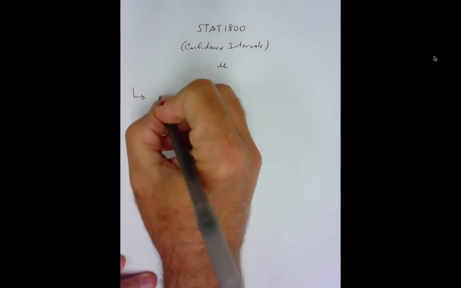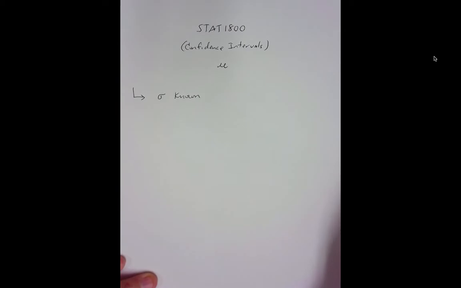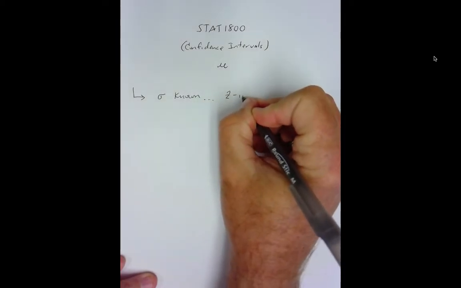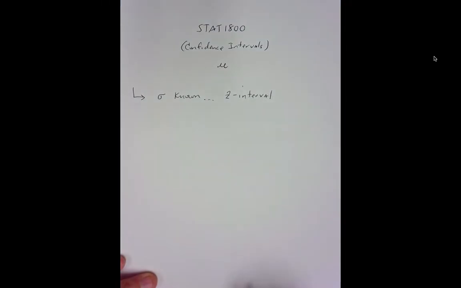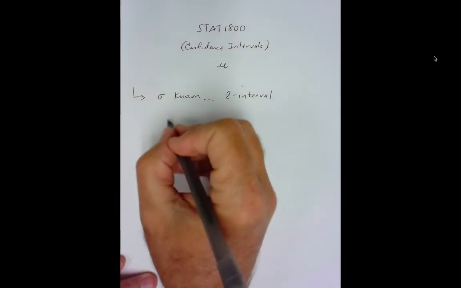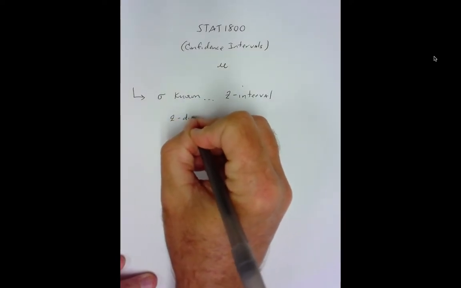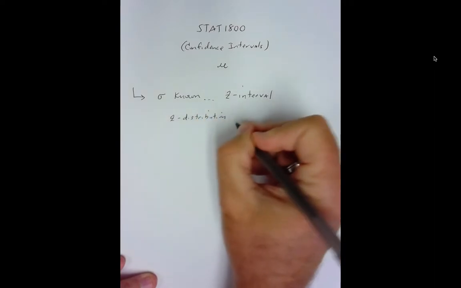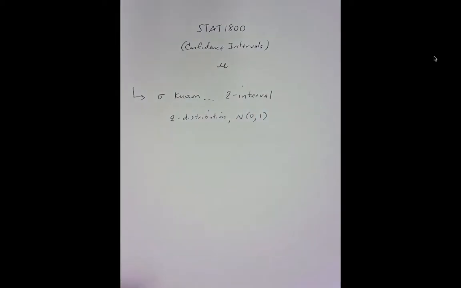First of all, we run into these where the population standard deviation is known, in which case we construct what's called a z interval, and these are modeled with the z distribution, which of course is a normal distribution, mean 0, standard deviation 1.